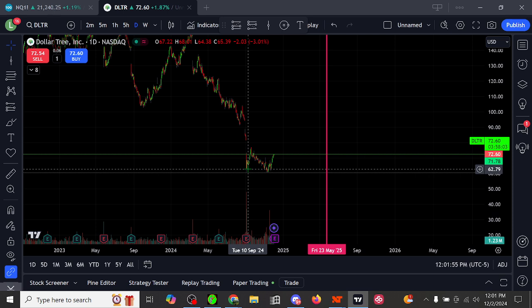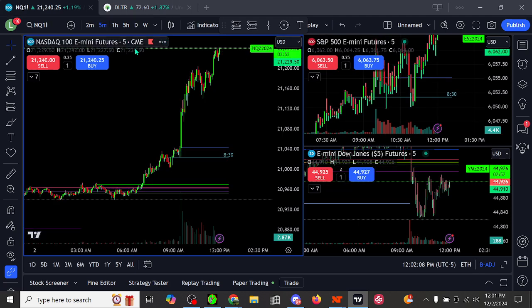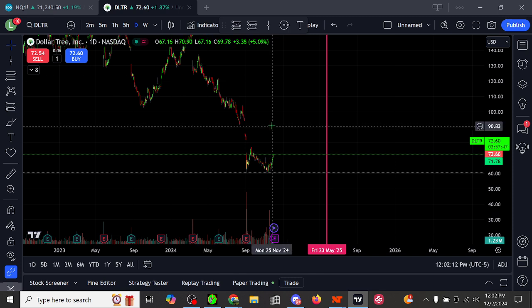If you've got $100 million, you can't risk 10% of your account on Dollar Tree, right? But you could potentially risk almost 10% of your account on the futures market. But I'm assuming that you guys who are browsing YouTube trying to find out how to be a profitable trader are not millionaires even, okay, let alone being a billionaire. So by the time you have to worry about that, you won't have to really worry about much, right?